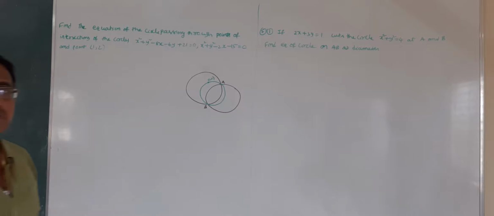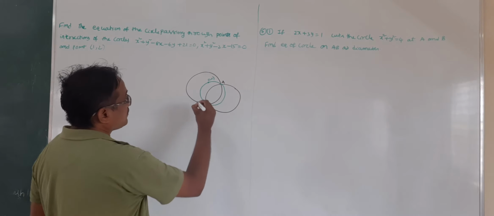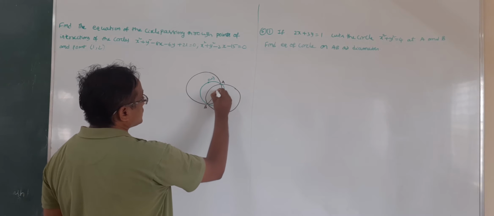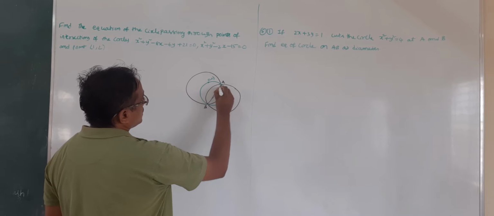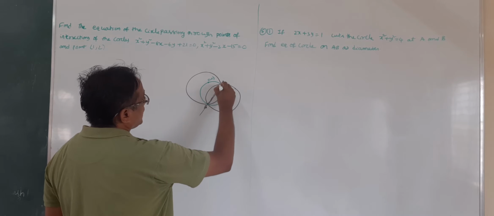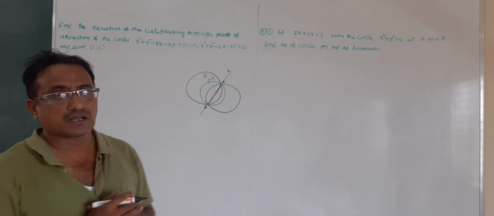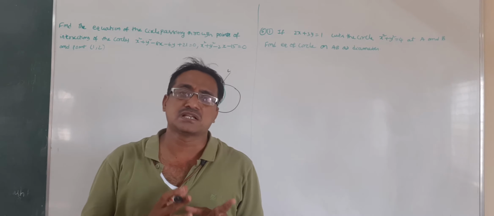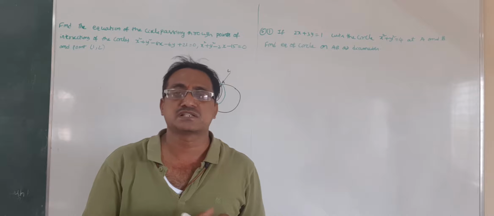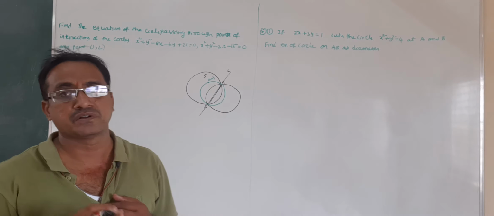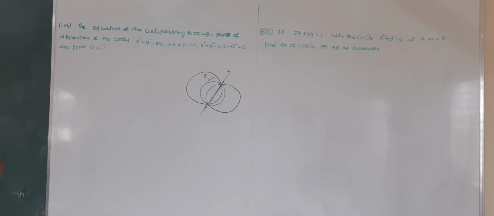Now let us find the common chord of these two circles, so that there will be a line and a circle. Now you can draw infinitely many circles passing through the intersections of S equal to 0 and L equal to 0.